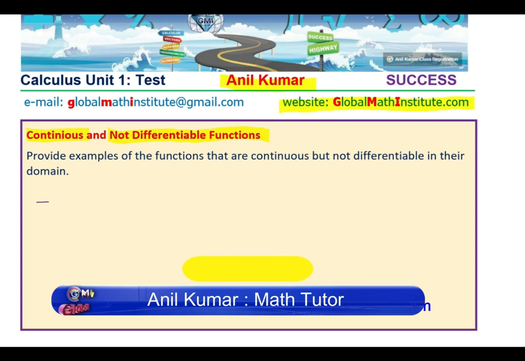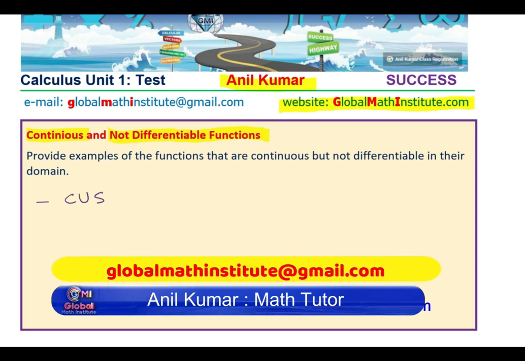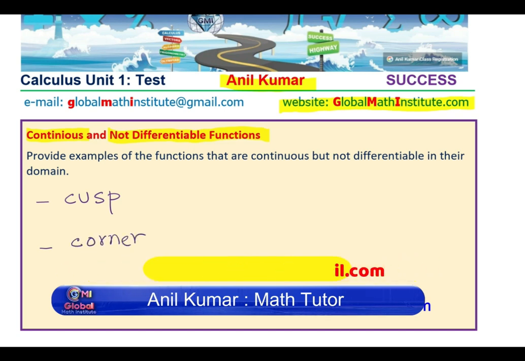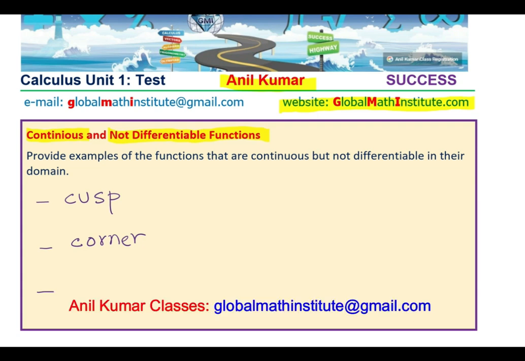One is when you have a cusp, or you have a corner, or you have a vertical asymptote.